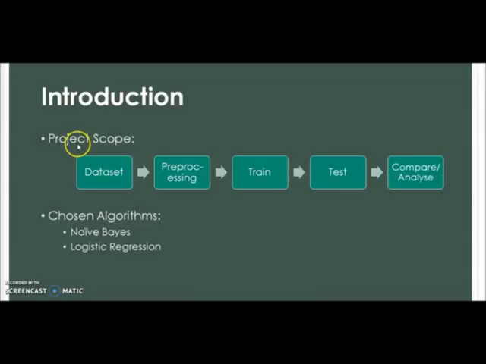Hence, for our project scope, we will start by finding suitable datasets to be tested in both algorithms. After that, the data will undergo data pre-processing, and then we will split the datasets into training datasets and testing datasets that we will train and test using R script for both algorithms.